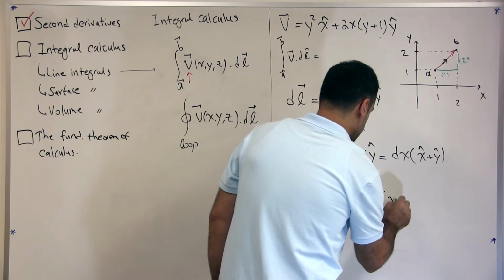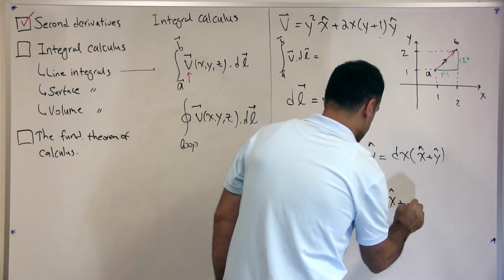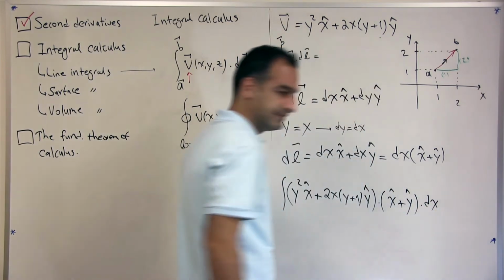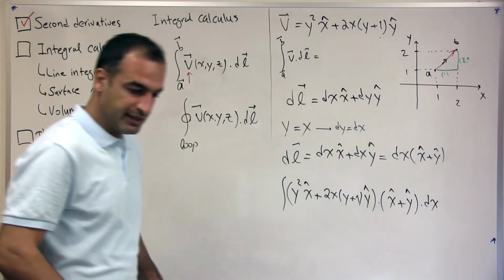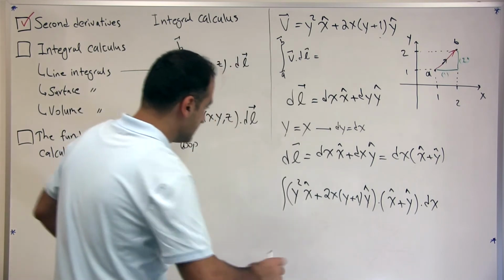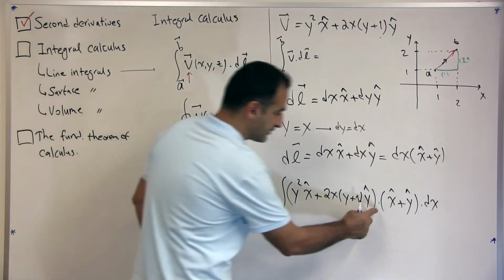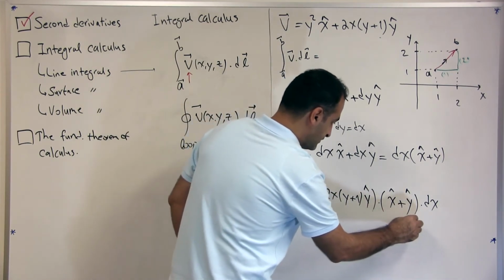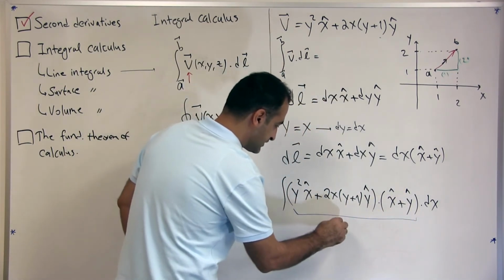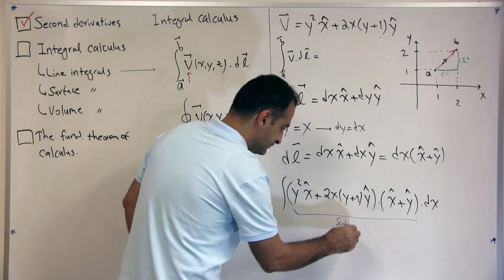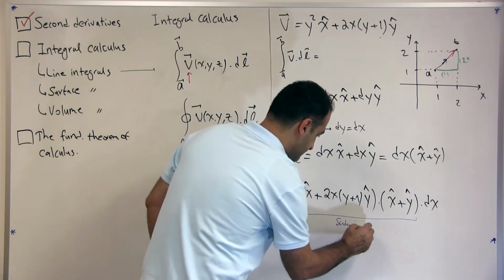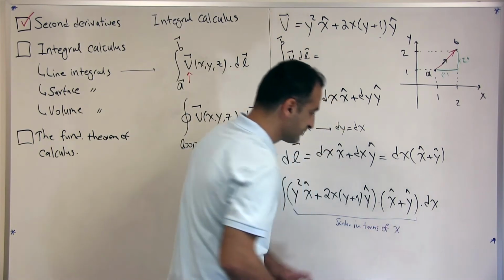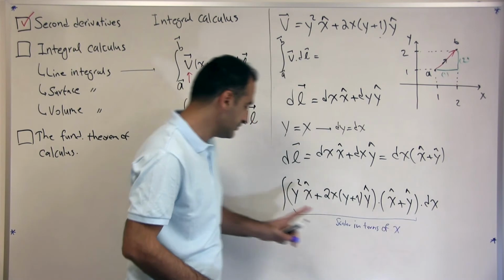And then I'm taking the dot product with (x hat plus y hat) times dx. The whole term here is a vector dotted with a vector, so it should be a scalar, and it should be in terms of x, because we are now doing dx and doing this integral.